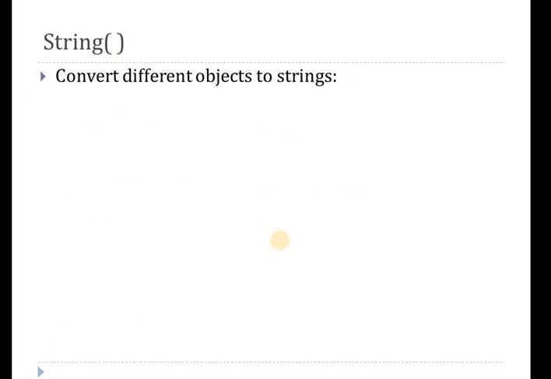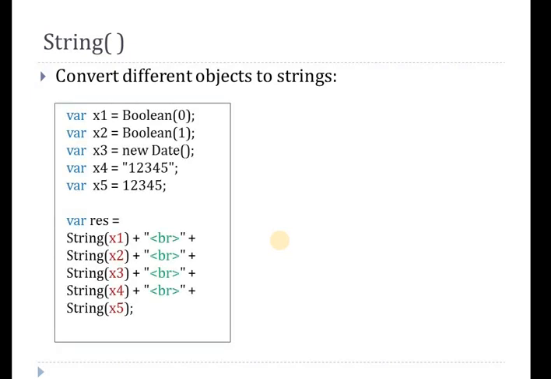After that, the String function, just the opposite of the previous function, converts different objects to a string. In the previous case we were converting objects to numbers, and over here we are converting objects to strings. So let's see. Just like the previous case, I have declared a few variables with their initial values but as objects.